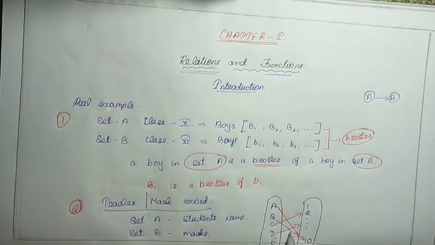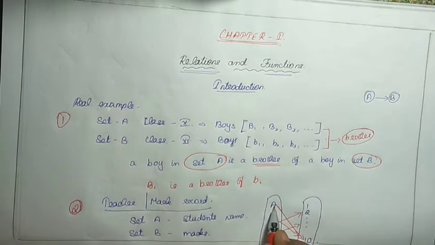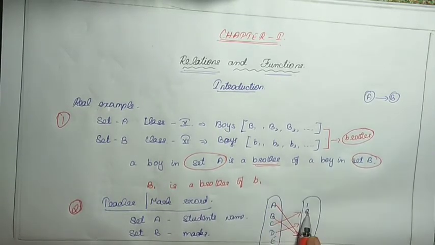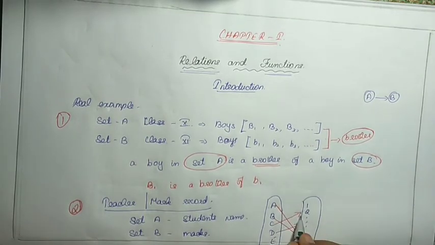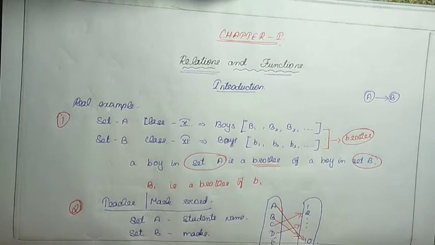So what is the relationship between the two sets? Set A is the names of the students and set B is the marks they obtained. So the relation is a student and their marks. This is the relation between these two sets. This way we will be doing our problems in this chapter. First let us complete the concept of relations, then let's move on to functions.